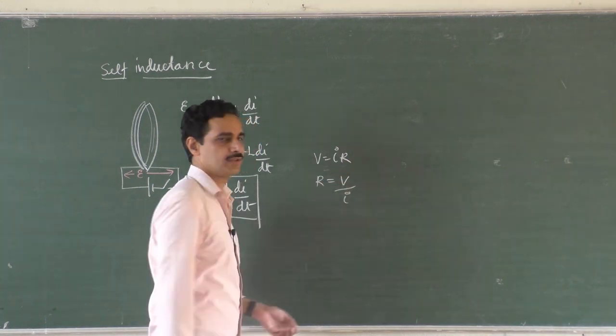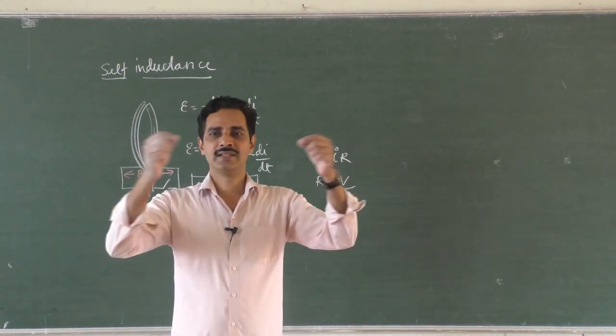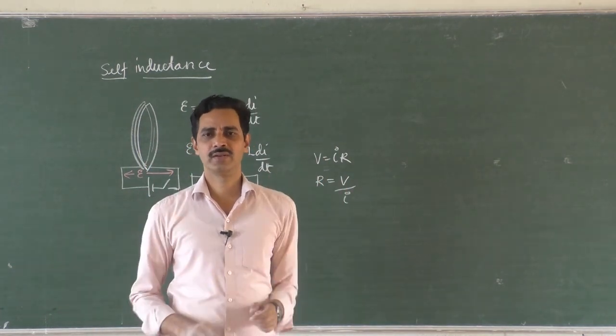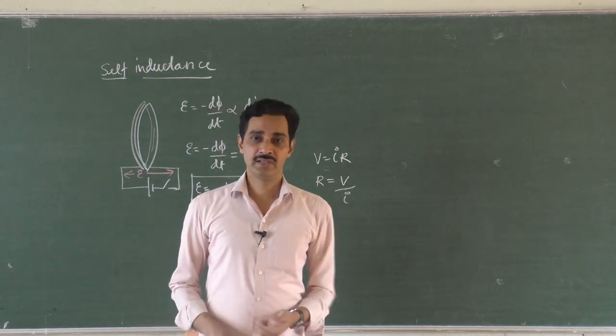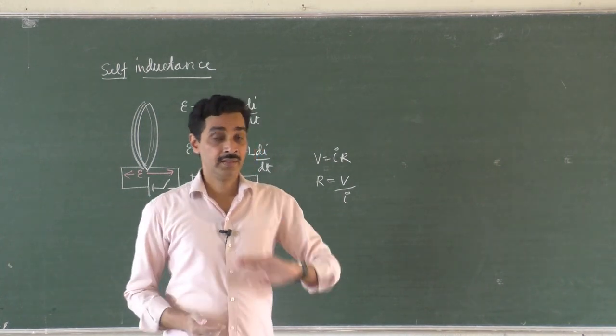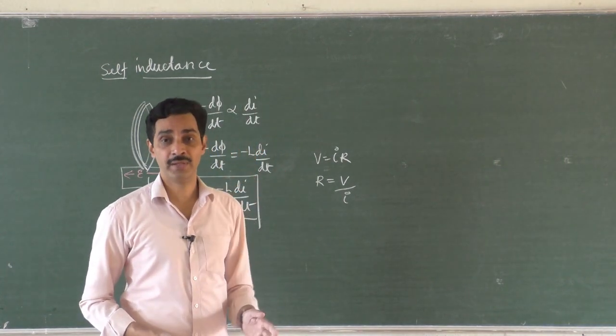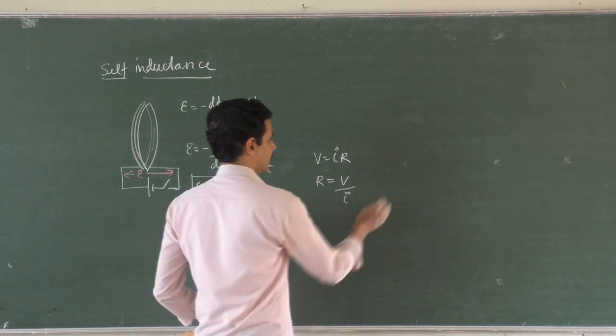Suppose you want to find out the resistance of a material, you can do it like this. Apply a voltage across the resistor or a metal, apply a battery, and measure the potential difference. Let us ensure that the current is 1 ampere. Select a battery which can pass only 1 ampere, and measure the voltage across that resistor.